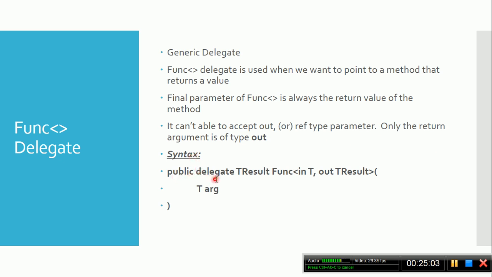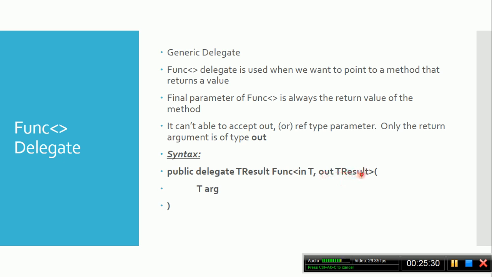Here if you see the syntax, you will get more clarity. Public delegate TResult Func, here int T. All these things refer to the parameters of this function. All the parameters should be of type in. If we pass any parameter to this target function, all of these should accept only the in type of parameter.